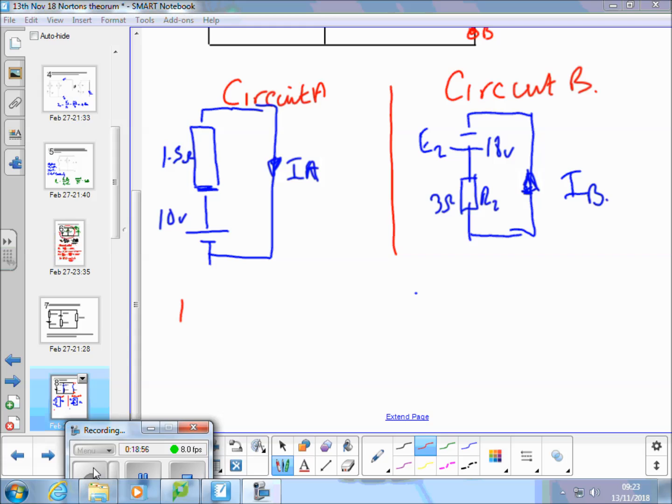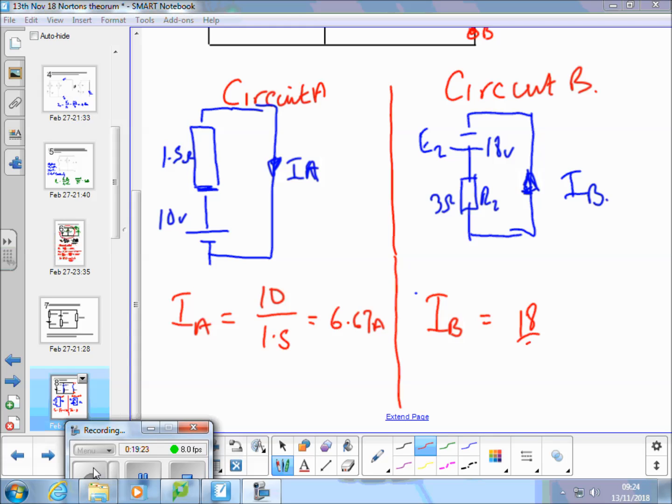So IA equals 10 over 1.5 and IB equals 18 over 3 equals 6 amps.